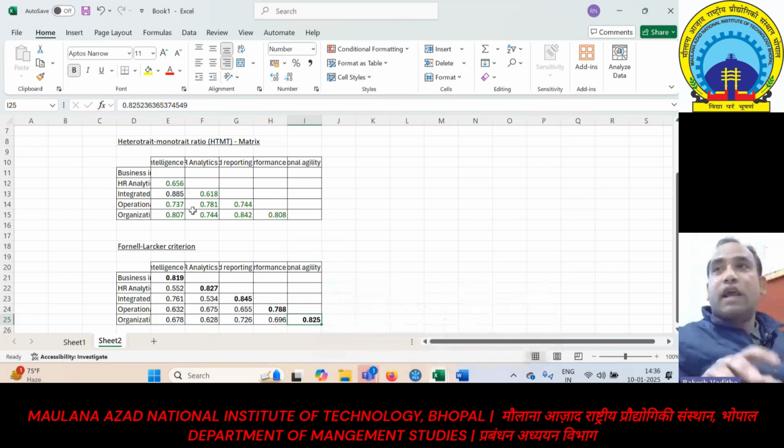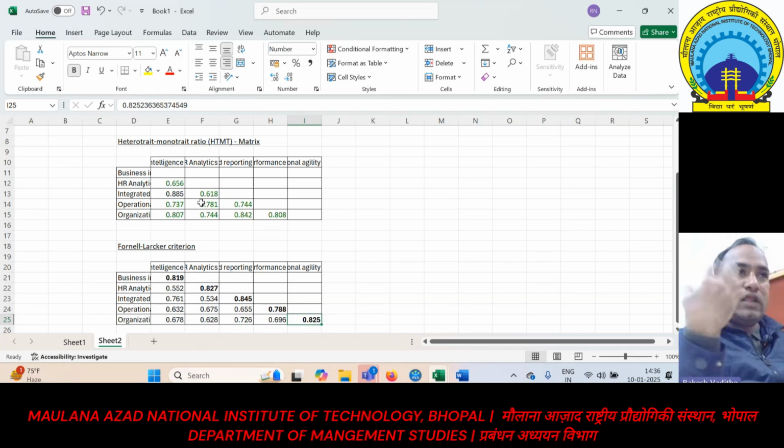But in many cases, according to this data, the HTMT is going above 0.85. That's why I'm not considering that HTMT. In case you collect your own data, it may show below 0.85, because I have to do some modification which I have not done. That's why I am taking the Fornell-Larcker criteria.